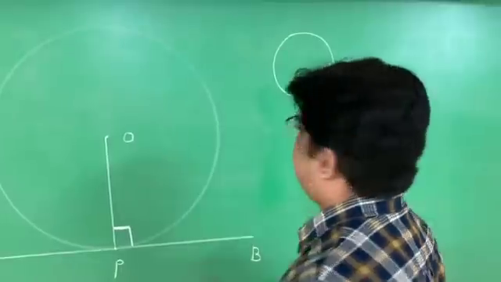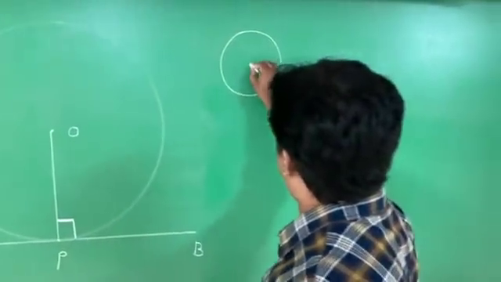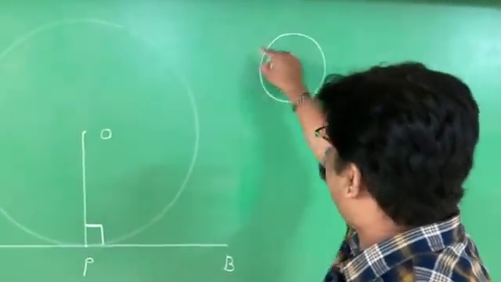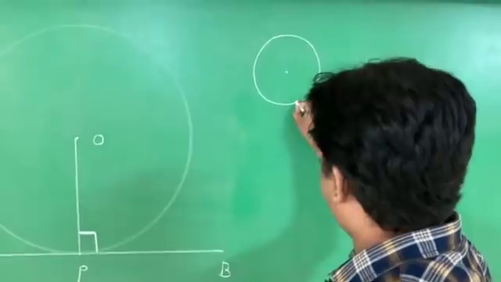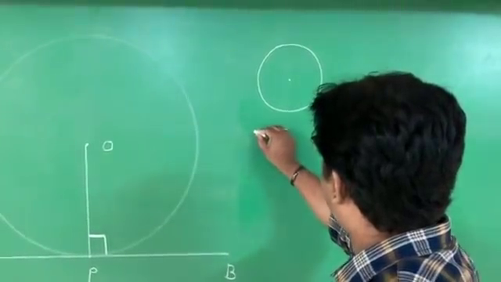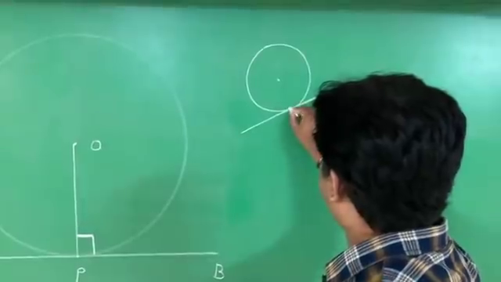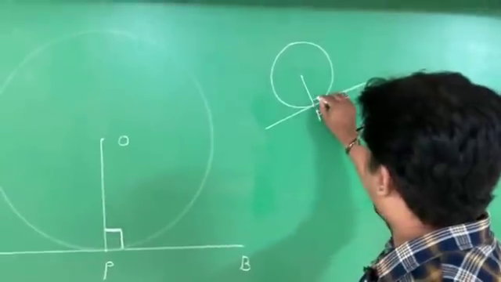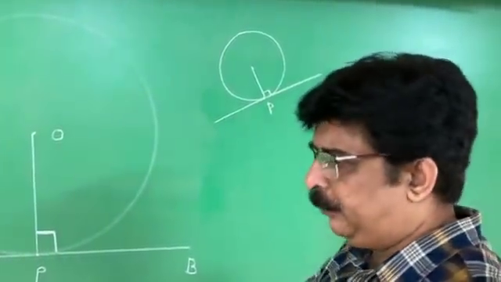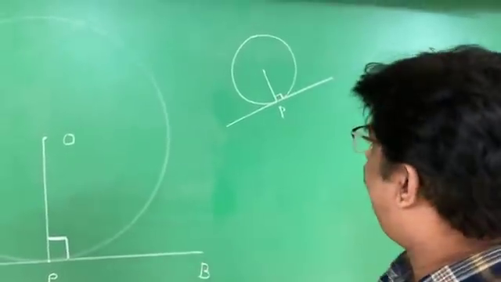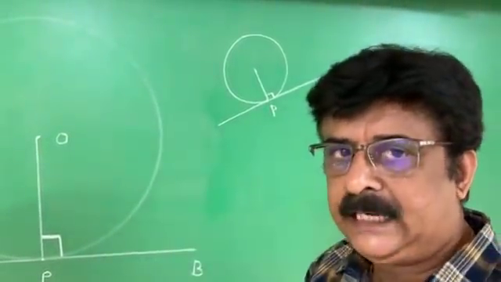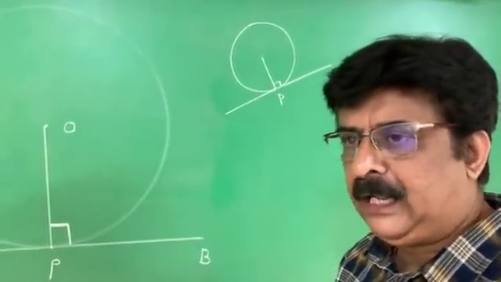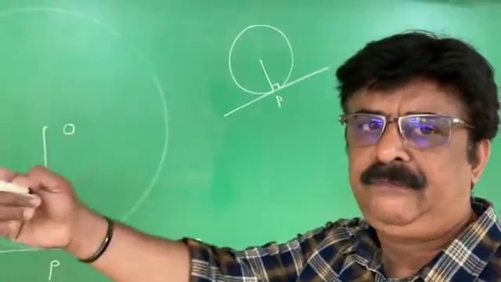If this is a circle, a tangent to the circle at any point, this angle is 90. Therefore, always remember this statement. The statement is very important for solving problems. Tangent at any point on the circle is perpendicular to the radius through the point of contact.